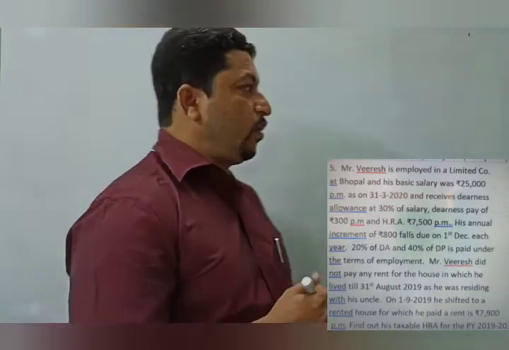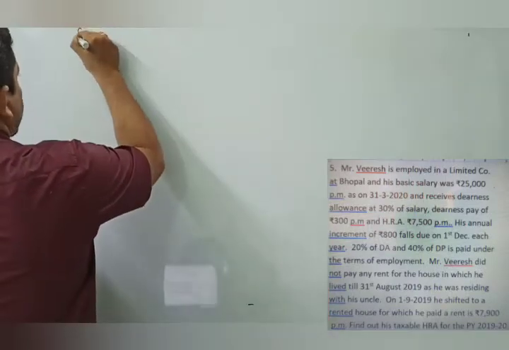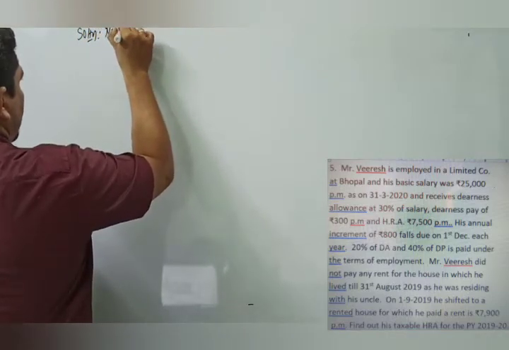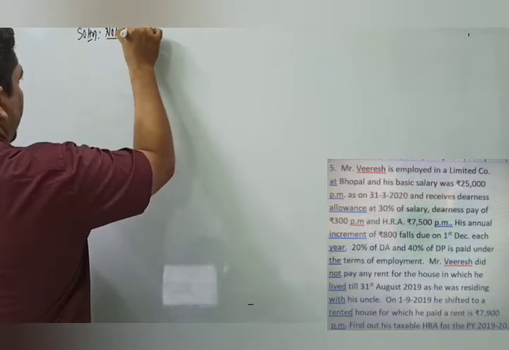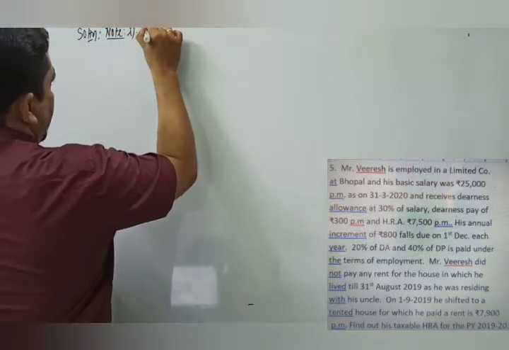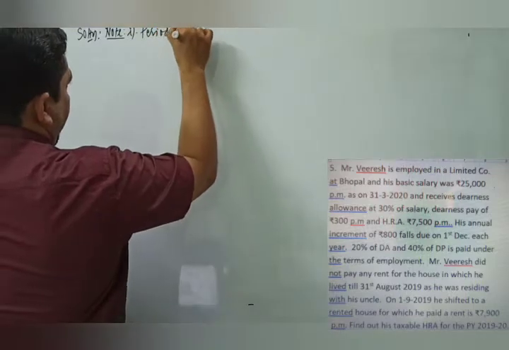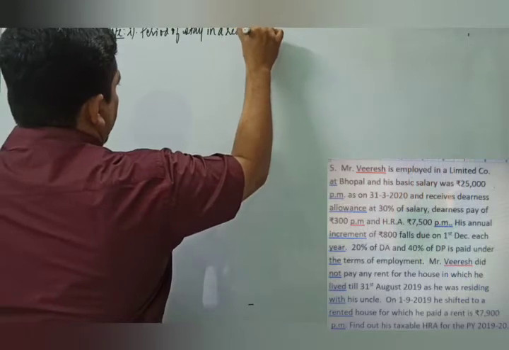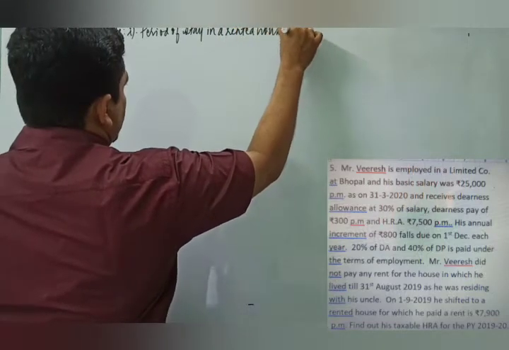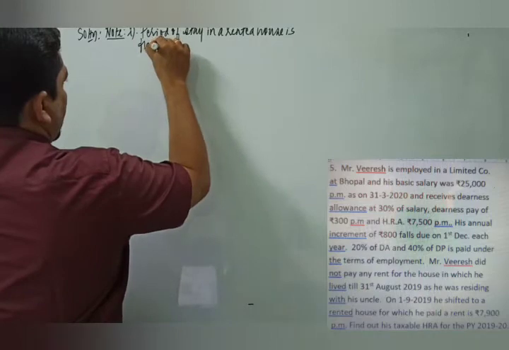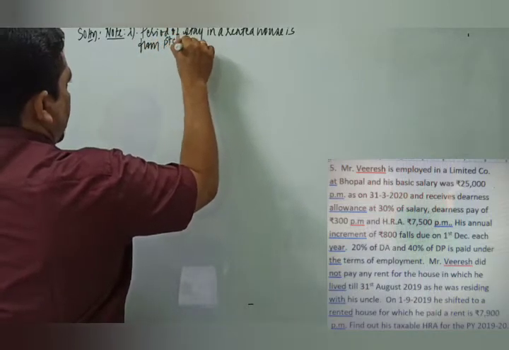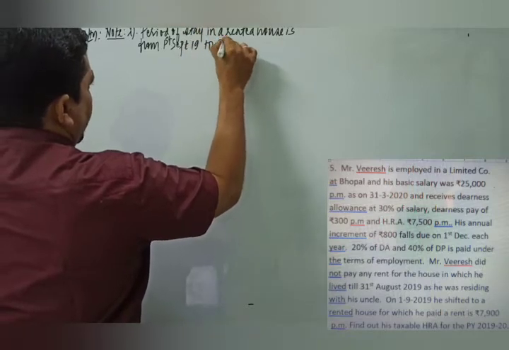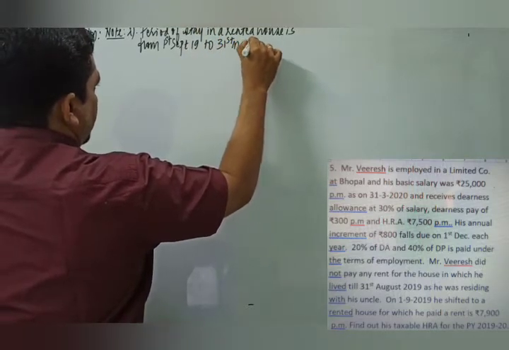So first we will record some very important notes that are required in this particular problem. I record note 1. Period of stay in a rented house is from 1st September 19 to 31st March 20.